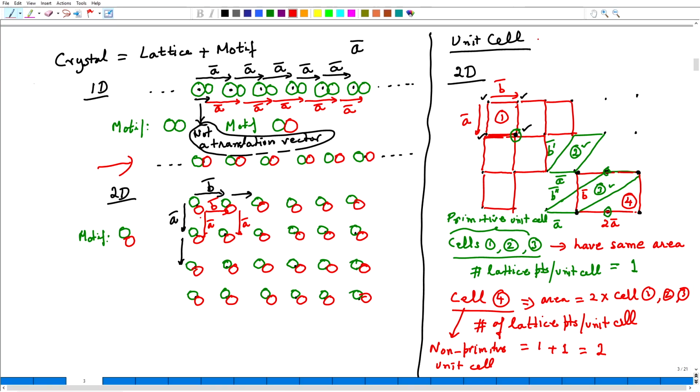So, one conclusion that I have here is that there is an infinite number in the choice of the unit cell. But we have a conventional choice of unit cells that we will slowly develop, how these conventional choices of cells are taken.